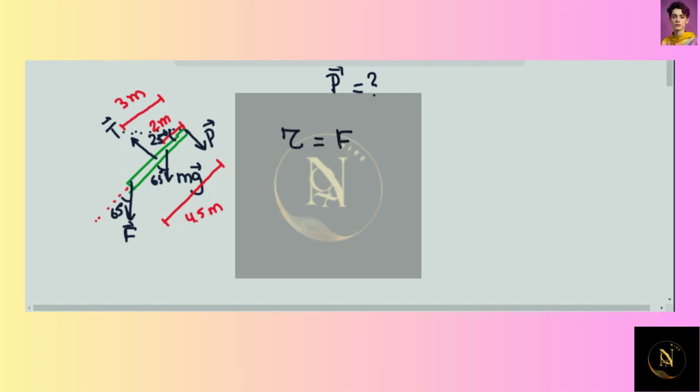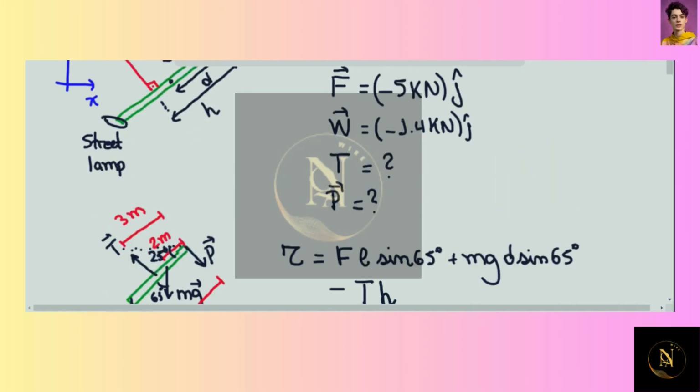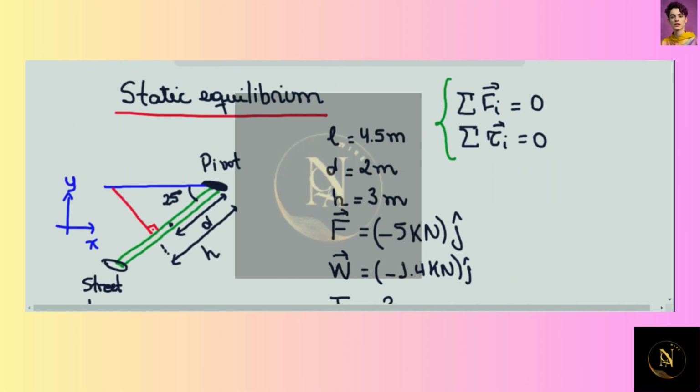The magnitude of the torque is F times sine of theta times the distance. So F, L is the total length of the beam, times sine of 65, plus mg times d times the sine of 65, minus T times h, where h is the distance to the point where the tension is applied.